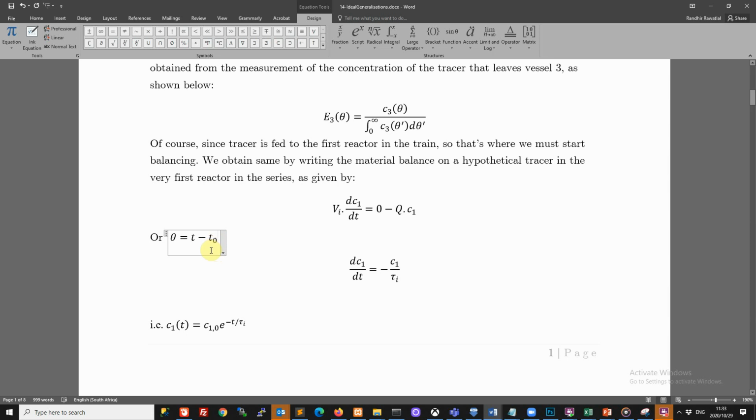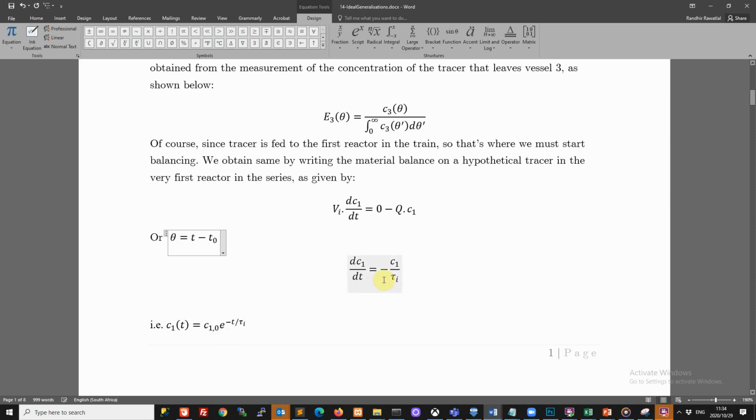So whatever it is in terms of whatever time scale you like, we can just go ahead and arbitrarily call the time of interest to us, the time of injection, to be 0. So we can say t naught equals 0, and hence theta equals t. So you'll often see me using theta and t interchangeably in this RTD section.